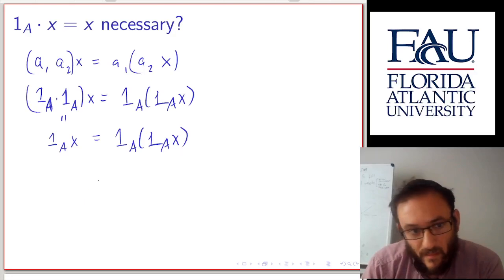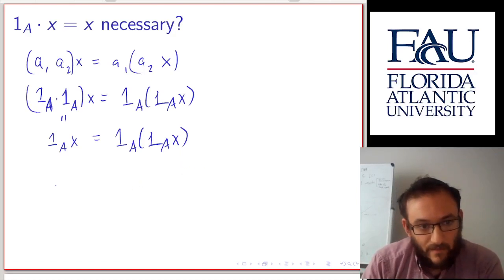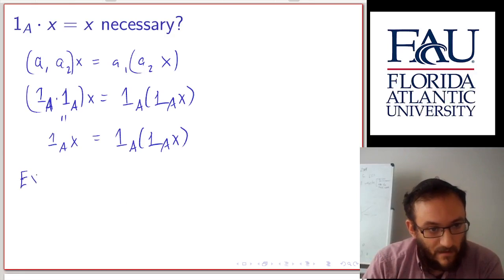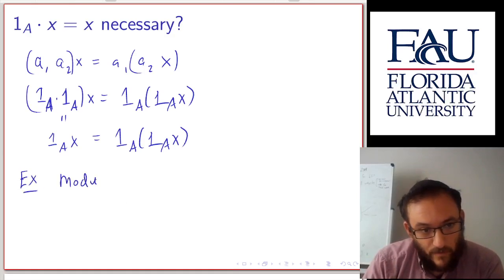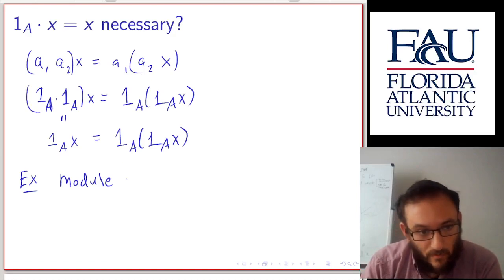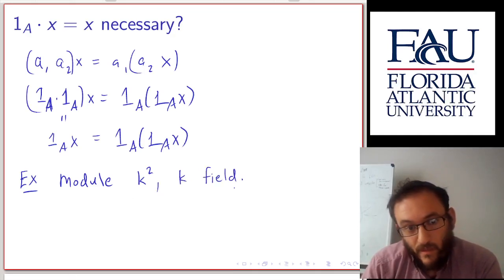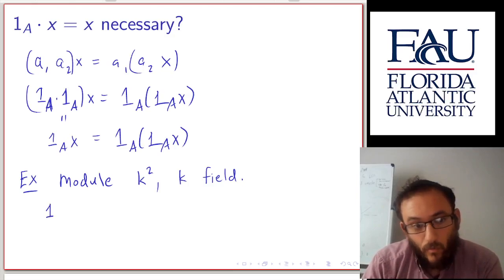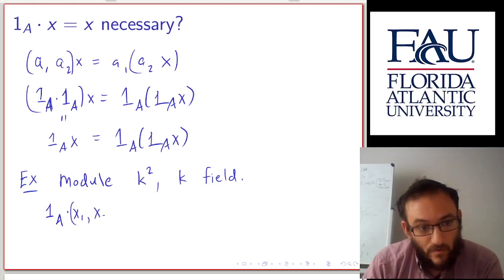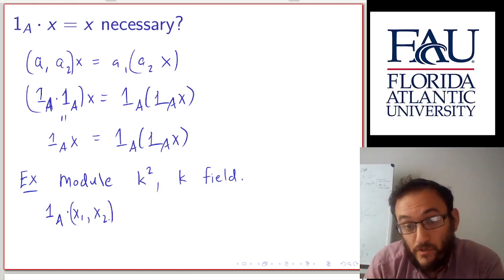And so you could think about something like, let me write this here. We'll see, for example, that vector spaces are modules. So if your module is k2 for some field k, you could have 1A acting on x, which is a vector in k2, so it would be x1, x2, and you could just act by projecting onto the first coordinate, for instance.